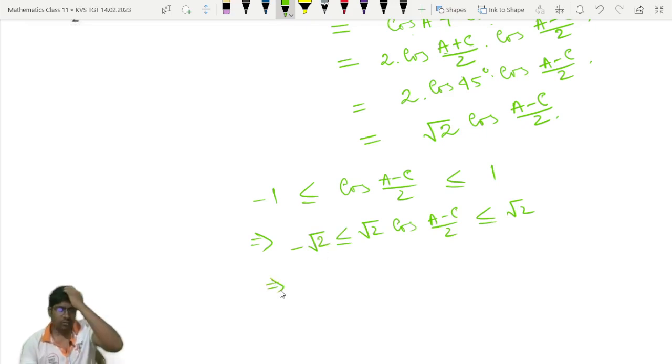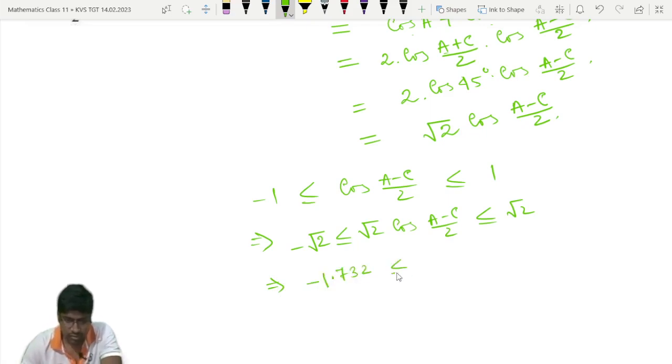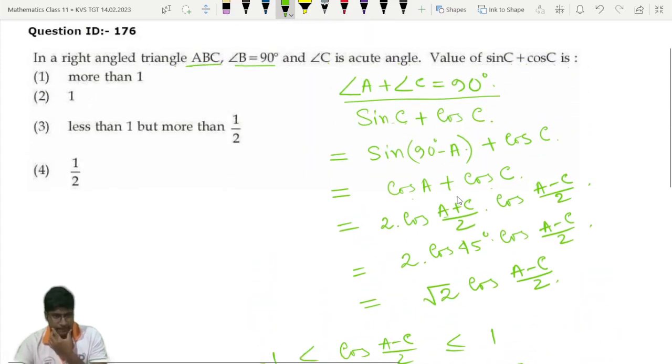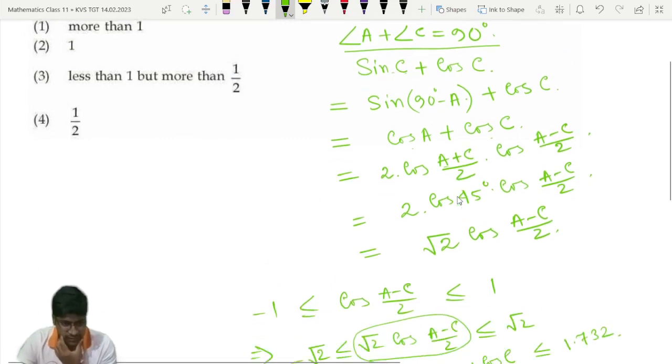And what is the value of root 2? 1.732, approximate value 1.732. So this is nothing but our sin C plus cos C, whatever they have given in the question. Okay, sin C plus cos C is between minus 1.732 and 1.732. So that means it is more than minus 1.7 but less than 1.7. So which option then?